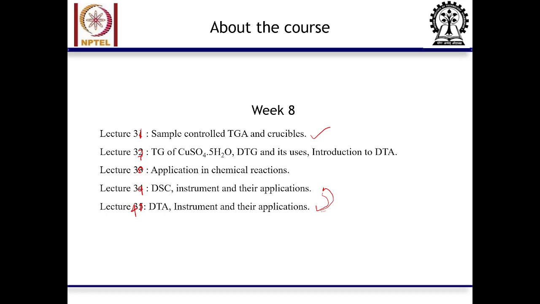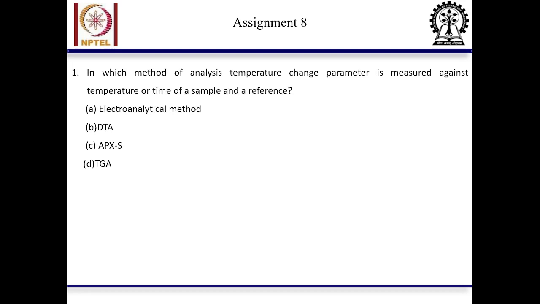Now coming to assignment 8, question number 1. It's saying: in which method of analysis is a temperature change parameter measured against temperature or time of a sample and a reference?